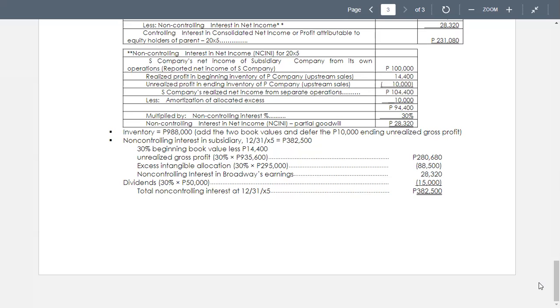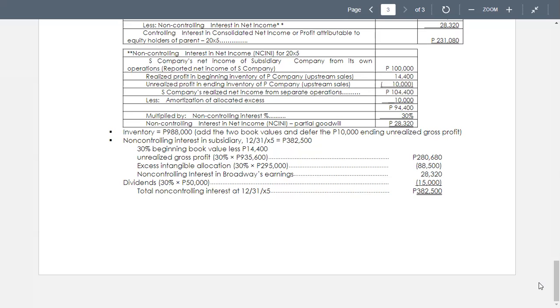Now we go to T, or tuna. We have to compute the non-controlling interest in the net income. Net income of tuna company from own operations, 2,400,000.